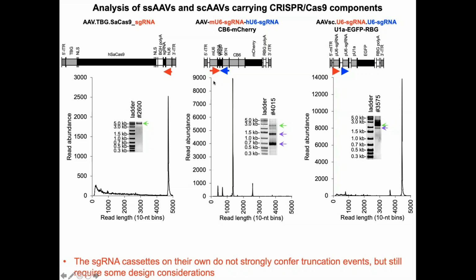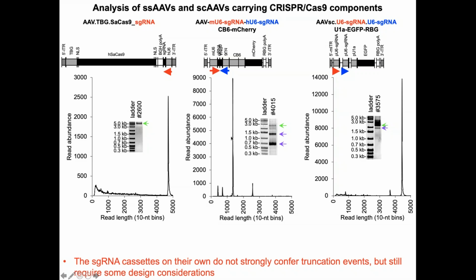So in our lab, we're also interested in developing dual guide strategies to target multiple regions of the genome to perform, for example, large deletions. And when these constructs are designed in a tail-to-tail orientation to cause in effect a large palindromic sequence, as we expected, this causes a lot of truncation.